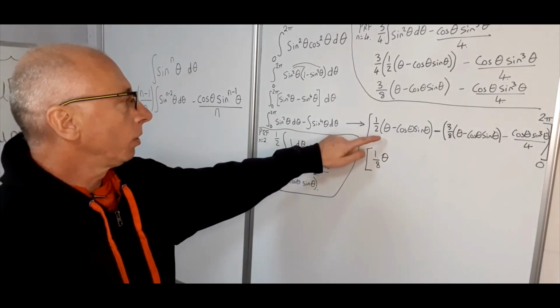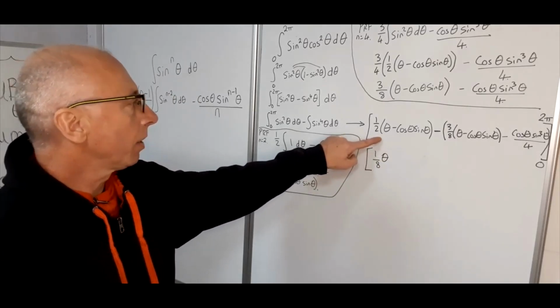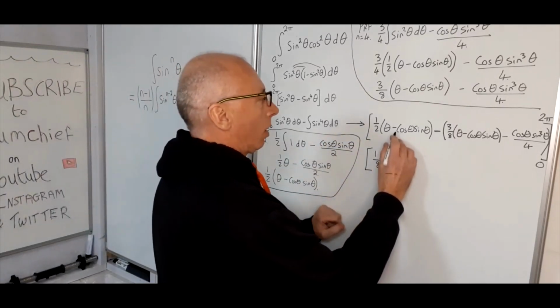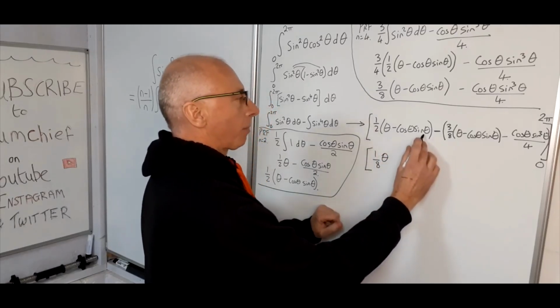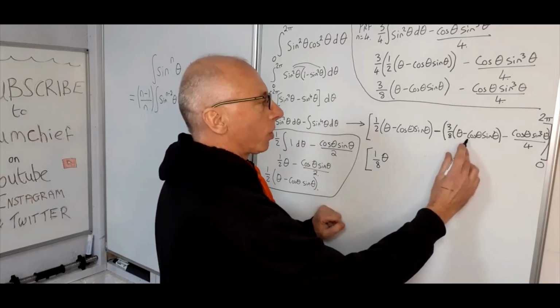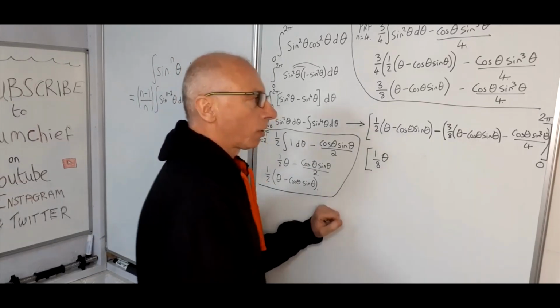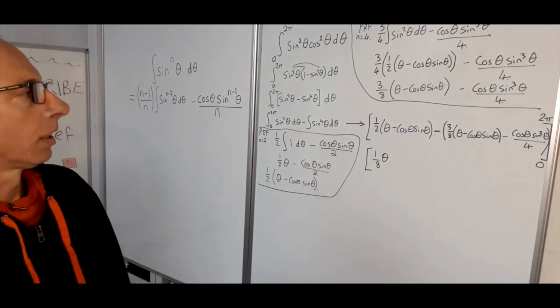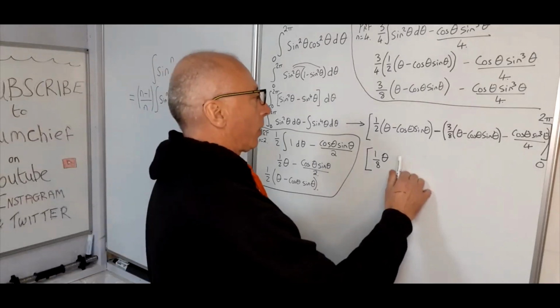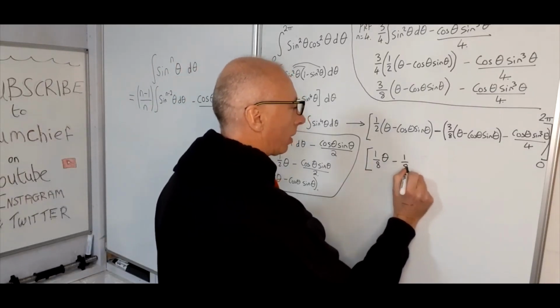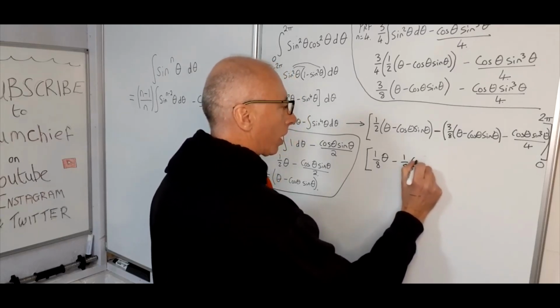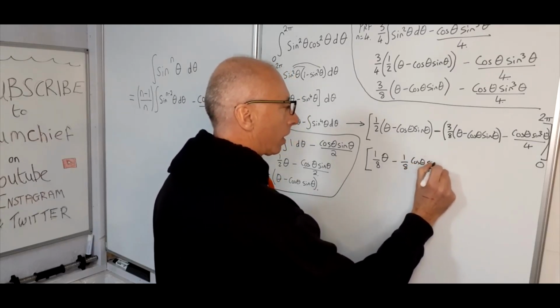So all in all, we're going to be left with a minus 1/2 of cosine theta sine theta and a plus 3/8 of cosine theta sine theta. So that's going to give us a minus 1/8 of cosine theta sine theta.